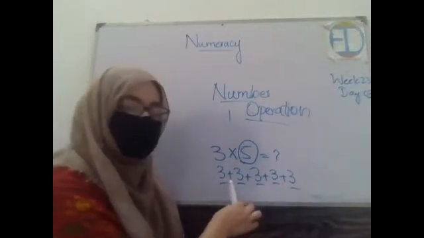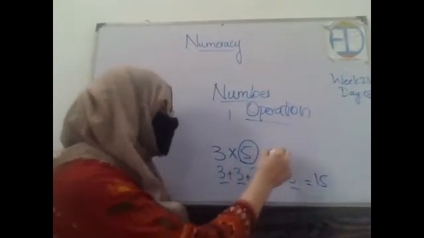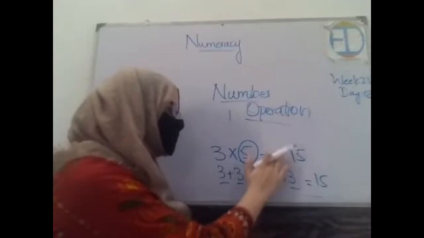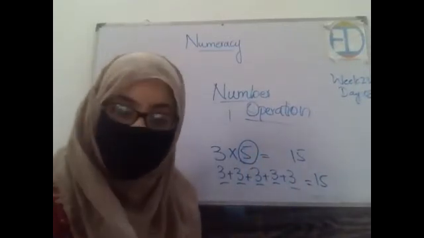So when we add 3 into itself 5 times, we get the answer 15. This means that 3 times 5 is 15. This is how we do multiplication, right?